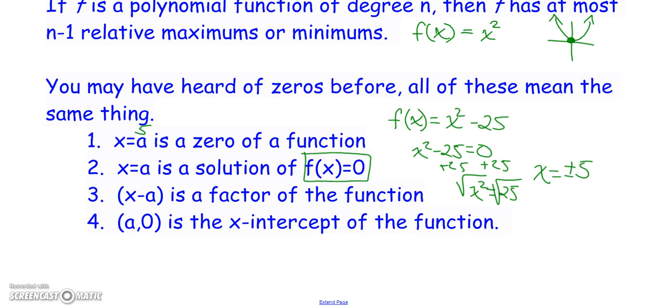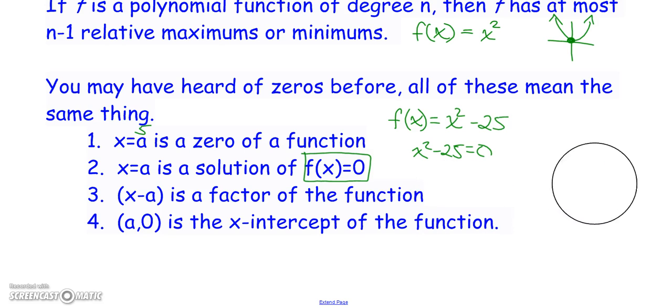So again, the two zeros would be the two solutions. Another way to do this exact same problem would have been to use factoring. And if I went back here, instead of doing that work, I could have factored to get my solutions. This is a difference of squares.